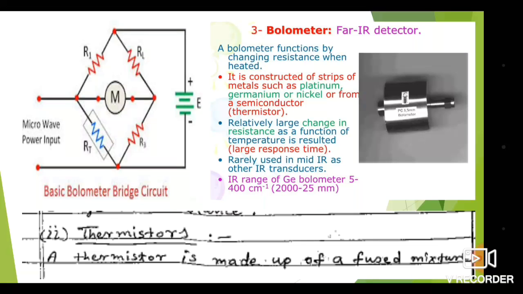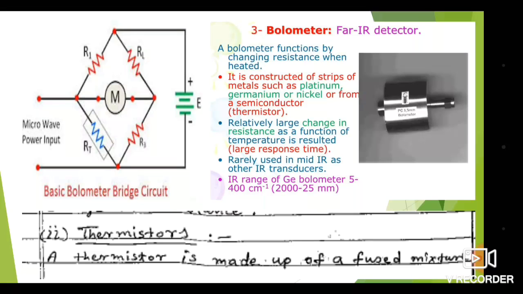It is constructed of a strip of metal such as platinum, germanium or nickel, or from a semiconductor, that is a thermistor. A relatively large change in resistance as a function of temperature results.